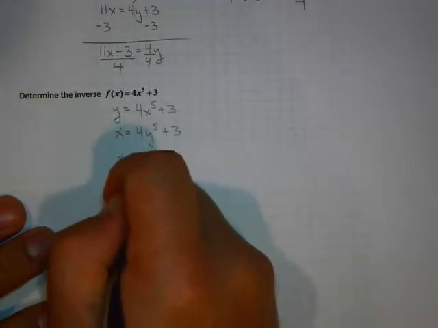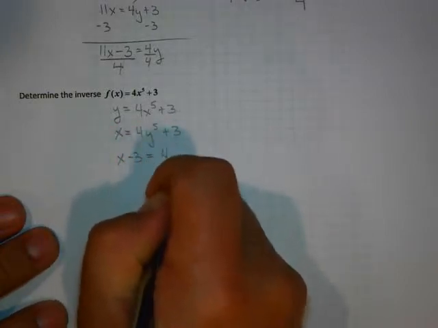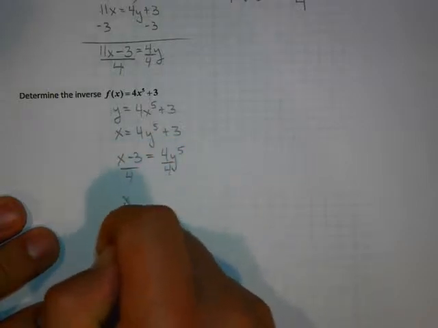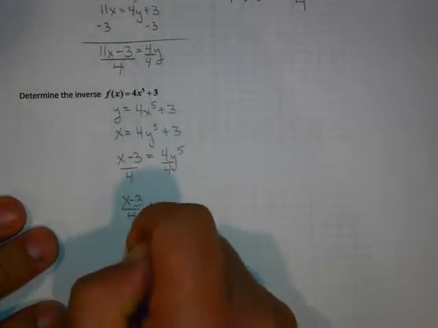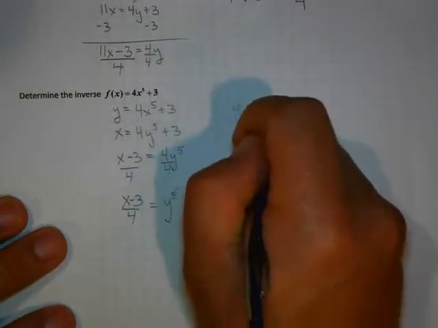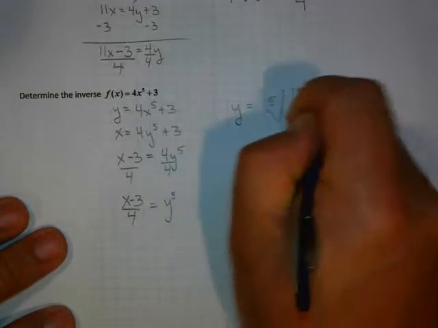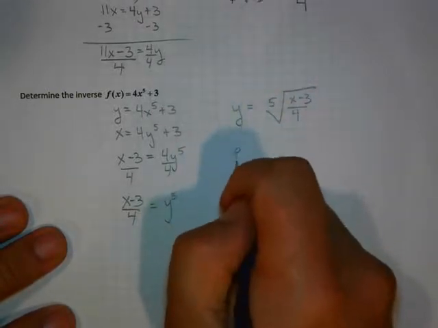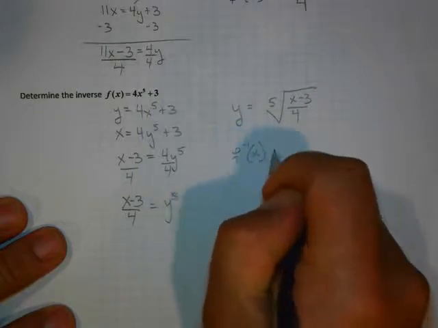Divide by 4. (x minus 3) over 4 equals y to the 5th. y equals the 5th root of all of that. And then f inverse of x equals the 5th root of (x minus 3) over 4.